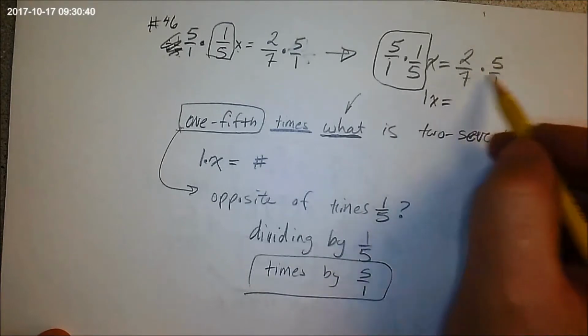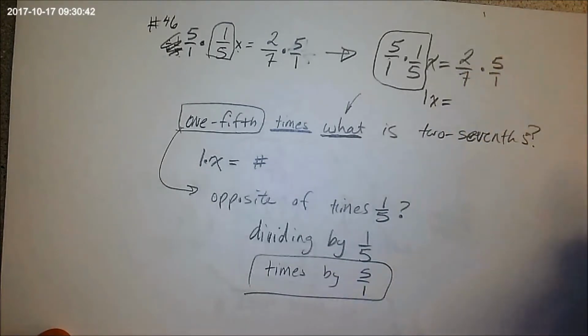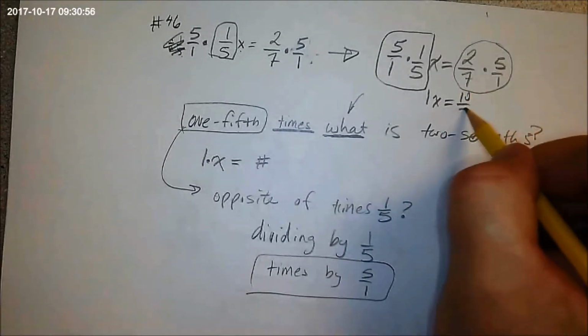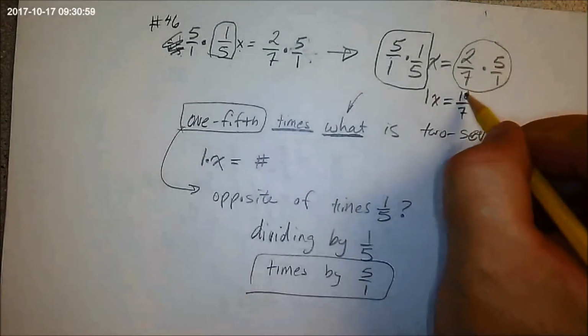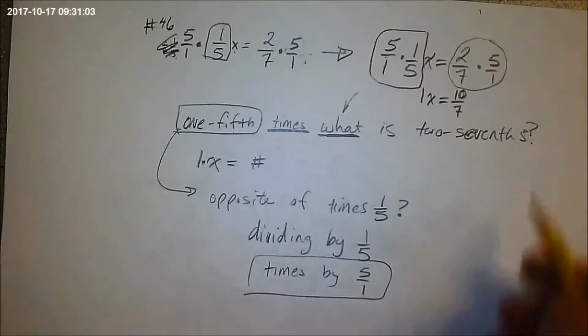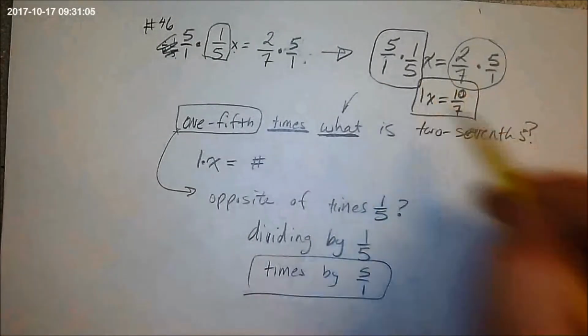Ryan, what's this whole thing right here? What's that equal? Ten over 7. You didn't really need to write it down, did you? After you see it, it's like, oh, that's just 10 over 7. So our answer is x equals 10 over 7.